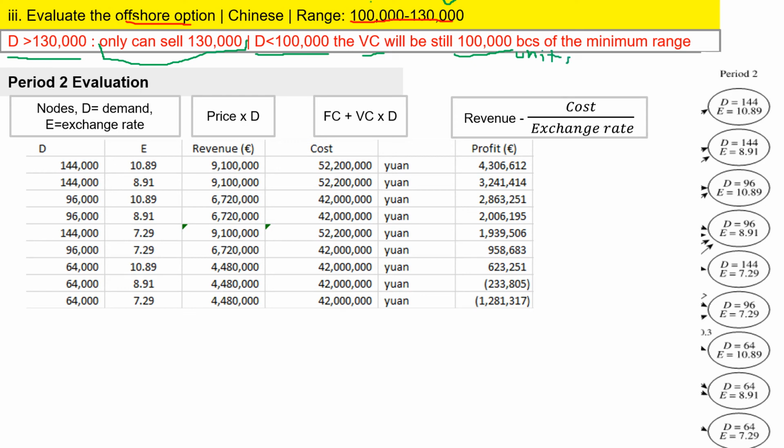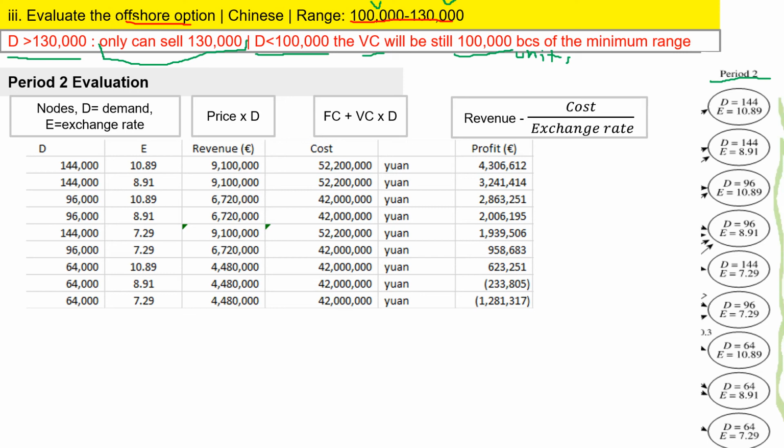So the step is also the same as before. We evaluate from the foremost period, that is period 2 evaluation. There are the nodes, the revenue, the cost, the profit, and this is the picture of the decision tree in period 2.